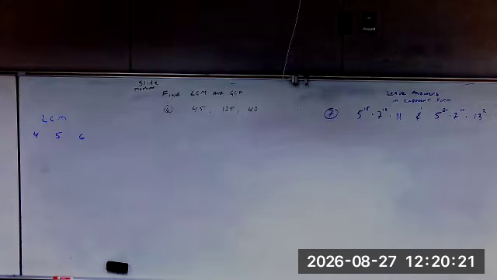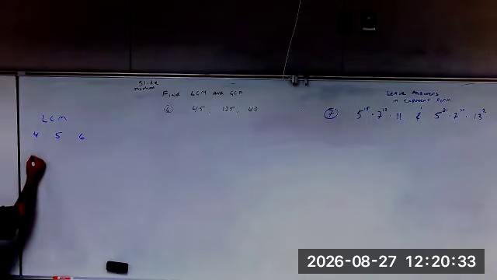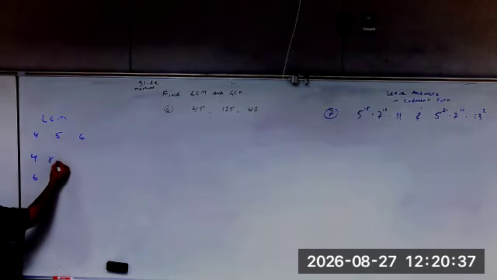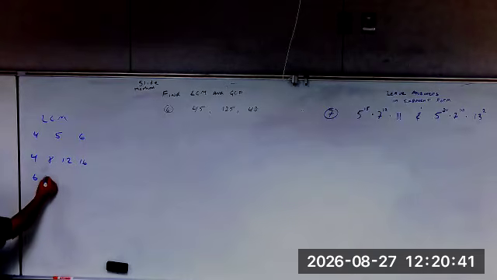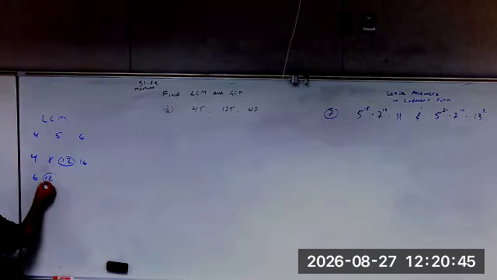If I'm going to find the least common multiple for those three, I have to make sure it goes into all of them. So which ones do you want me to start with? The 4 and the 5, the 5 and the 6, or the 4 and the 6? 4 and 6. So if I start with 4 and 6: 4 times 1, 4 times 2, 4 times 3, 4 times 4, 6 times 1, 6 times 2. So the least common multiple for the 4 and the 6 is 12.